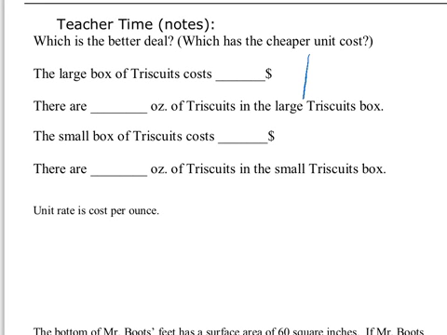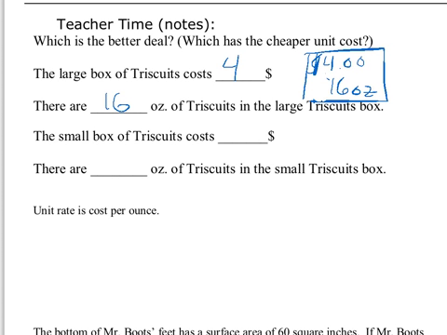I go to the store and find a box of Triscuits. The big box is $4 for 16 ounces of Triscuits. What's Triscuits? It's a cracker. So $4 for 16 ounces.